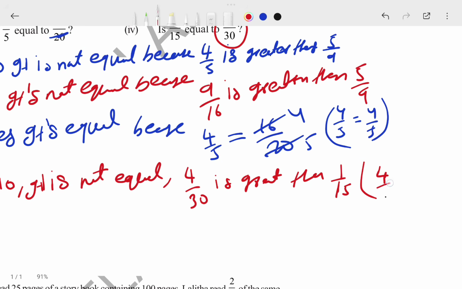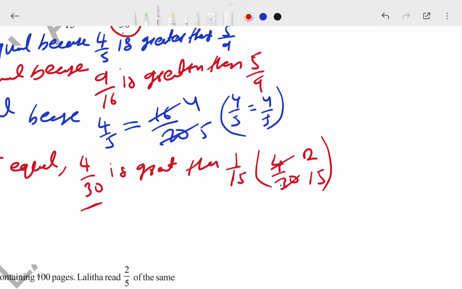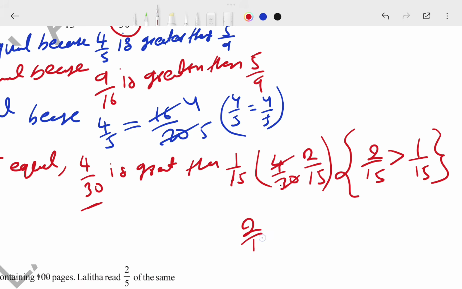Because this 4 by 30, when we divide it, is going to be 2 by 15. And here, this is 2 by 15 and this is 1 by 15. In this one, which is greater? Of course this 2 by 15 is greater. Why? Because this is 2 by 15 and this is 1 by 15. The 15 is the same. So in 2 or 1, which is greater? Of course 2 is greater, that's why it is greater.